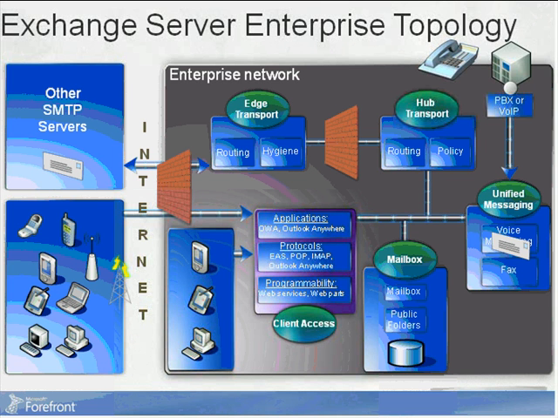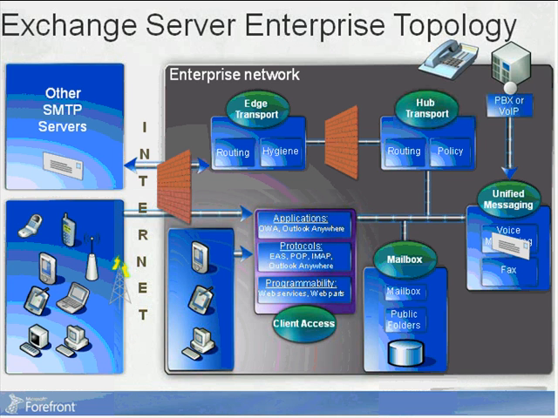The edge transport server sits isolated in the perimeter network, routing messages to and from the internet. Messages are then filtered using a long list of agents that scan connections, sender ID, and content. Along with these content filters, there is antivirus filter support. This is where Forefront comes in as an excellent solution.